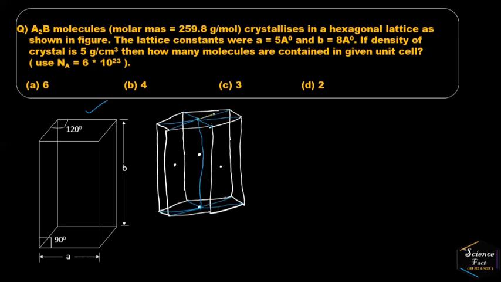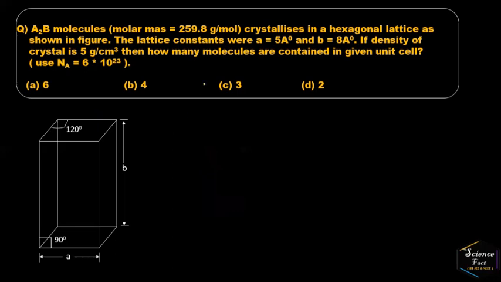This is the primitive unit cell present in this hexagonal prism. You can see that. So this is a hexagonal prism and this is the primitive unit cell of hexagonal. Of course, the number of this type of primitive unit cell is 3 in this prism.